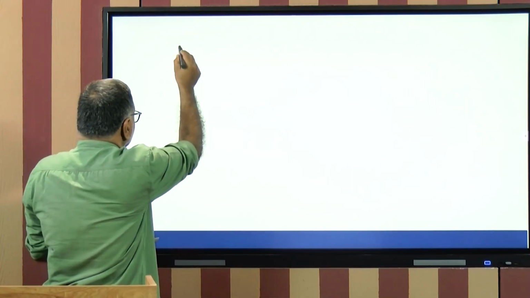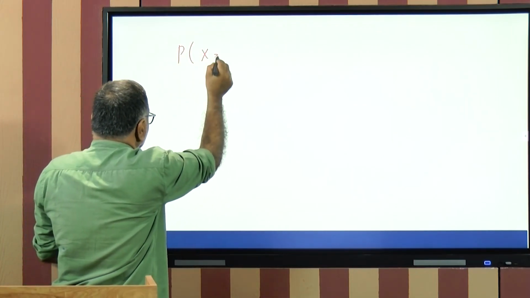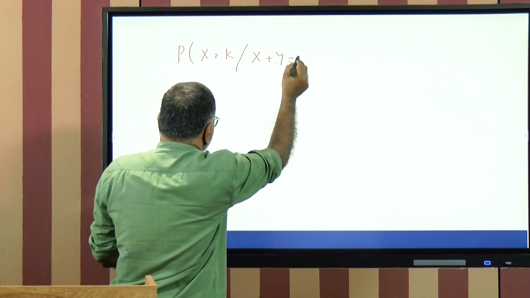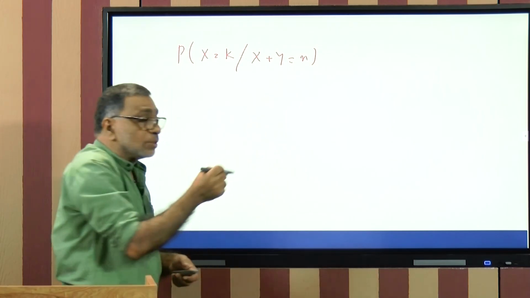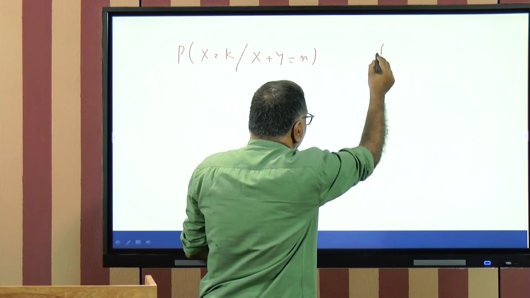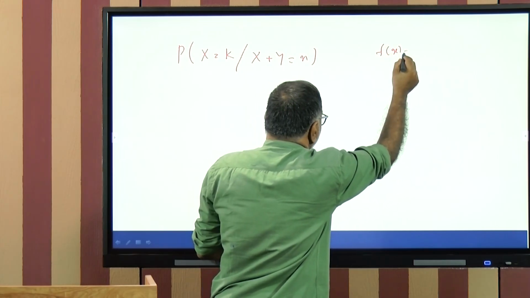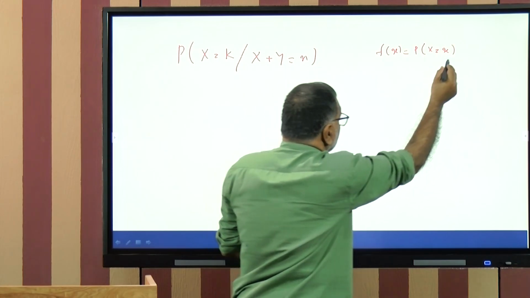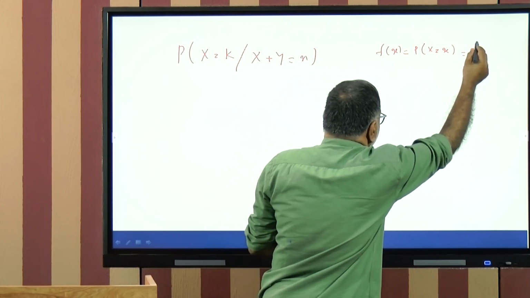Probability of x is equal to k given x plus y is equal to n. We are finding this conditional distribution. What is given to you? You are given that probability of X equal to x is q power x into p.